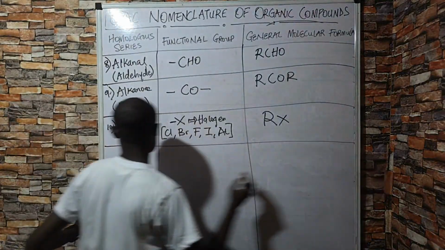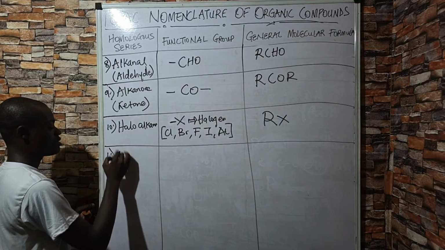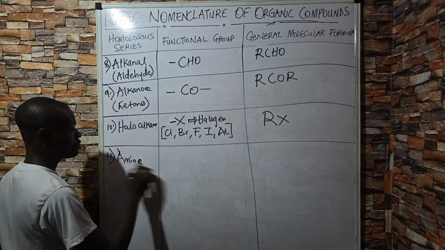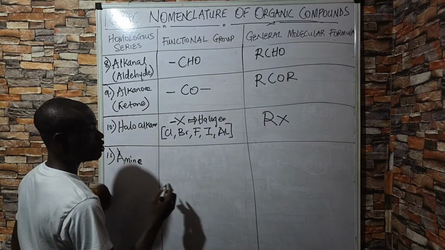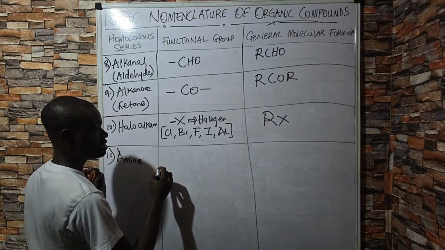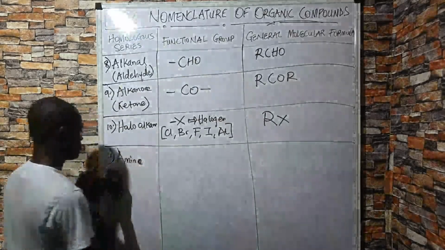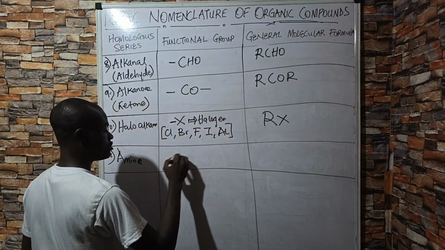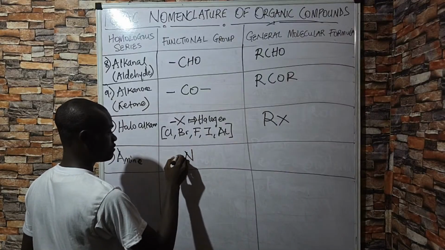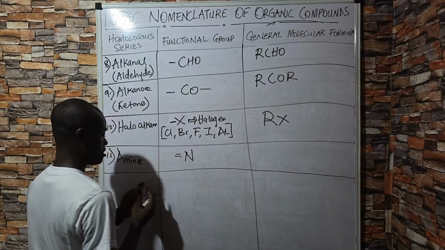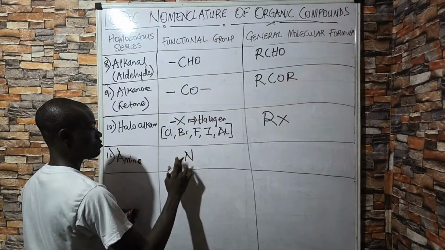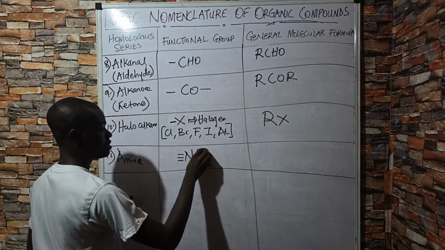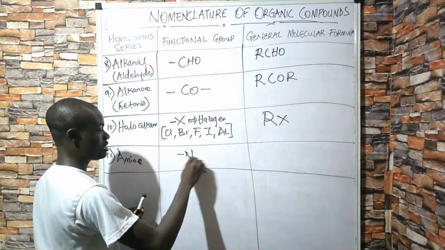Then the next we look at what we call the amine. For the amine, they have just the N. Let's take it in this format: NH2, sorry.